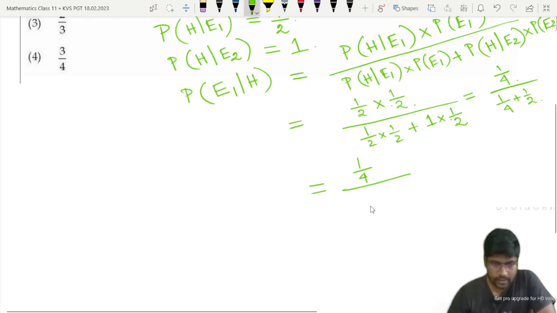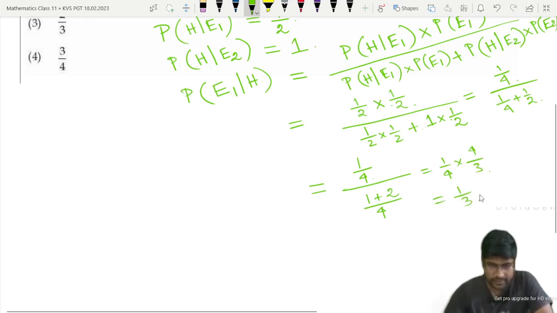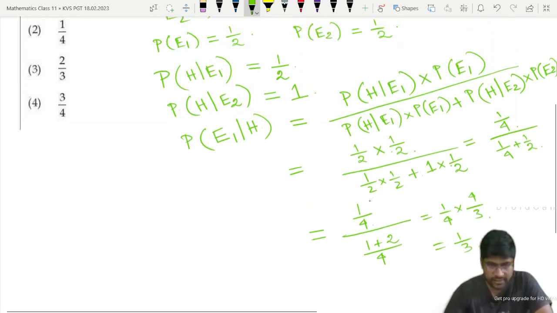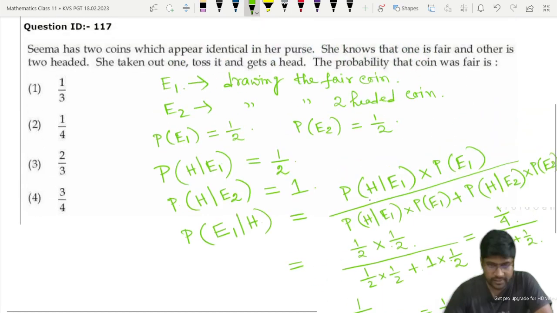So 1 by 4 plus 1 by 2, that is equal to 1 plus 2 over 4. So this is 1 by 4 into 4 divided by 3, that is equal to 1 by 3. 1 by 3 should be the answer for this problem. Okay, so which option? Can you see the option? Option 1 is the correct answer.